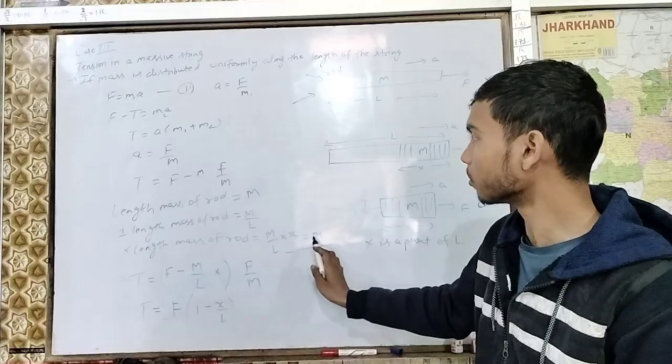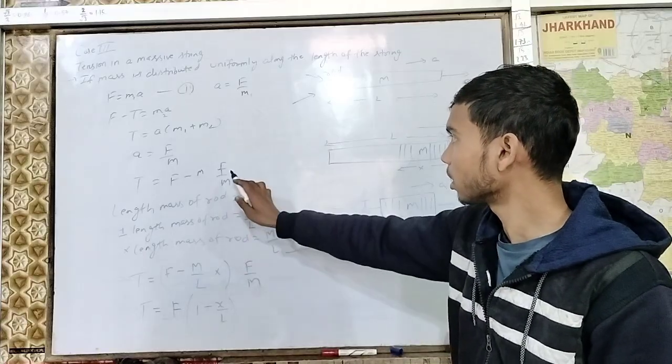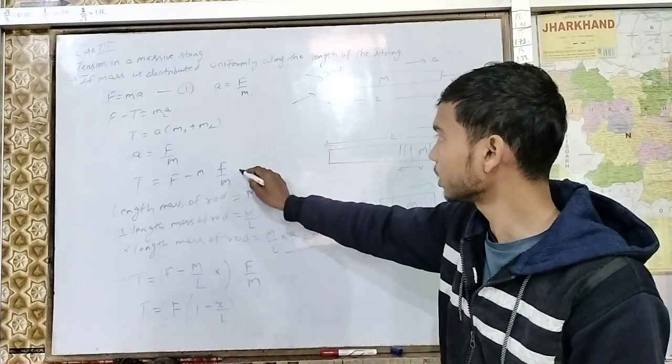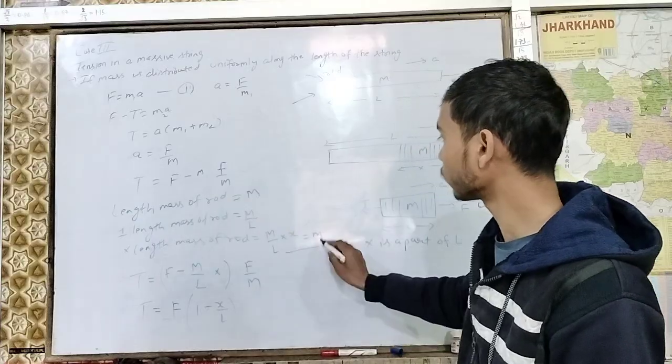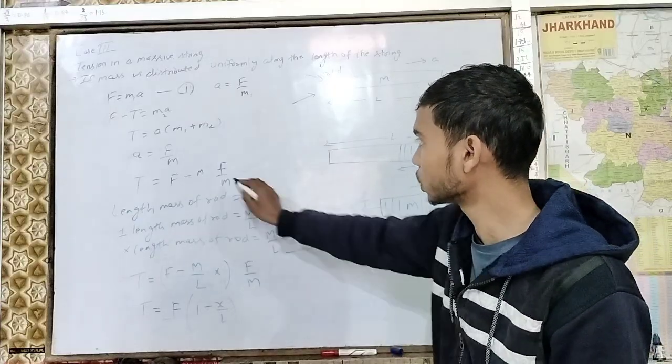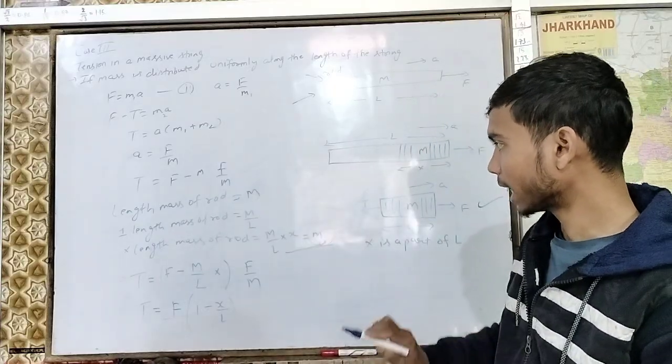This is the value of m. Then multiplied by F upon M. In this equation we substitute the value of m. That's it. Everything is the same.